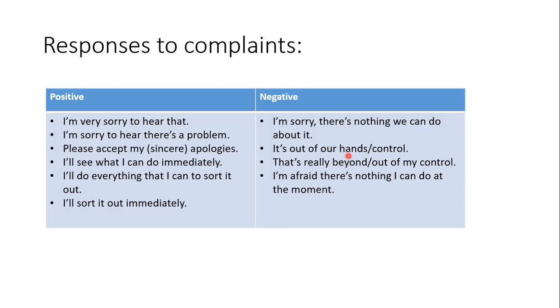We can't take the responsibility of it, right? It's out of our control, which means they can't do anything. So it's a negative way of responding. And the third one, that's really beyond my control, is kind of the same thing as the second one. I'm afraid there's nothing I can do at the moment.